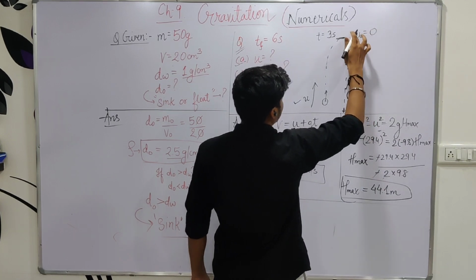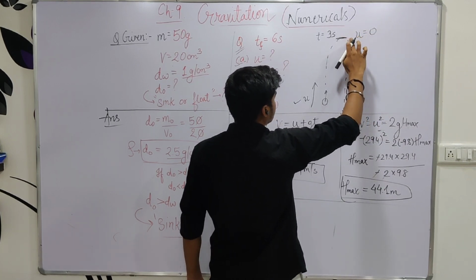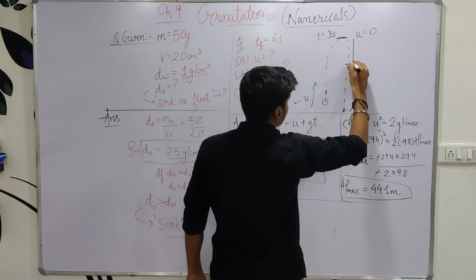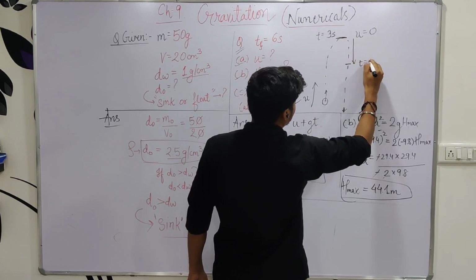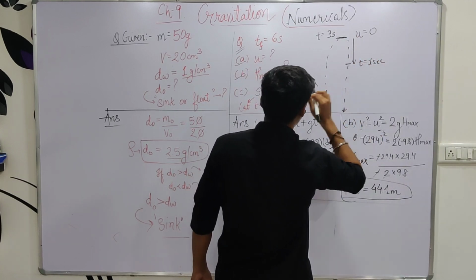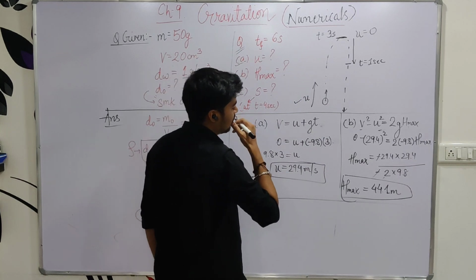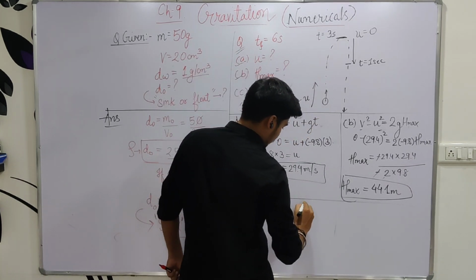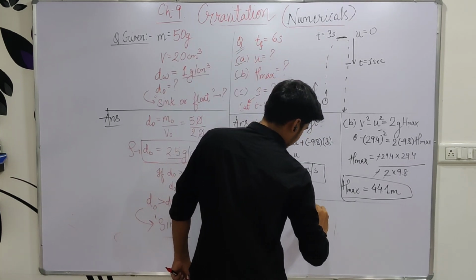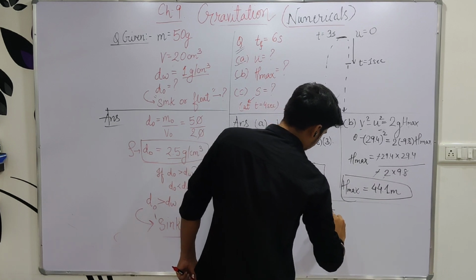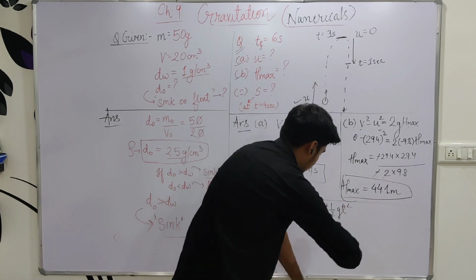If this is the situation when we start the observation, the initial velocity is 0 for this case from here to here, and the time when it reaches the particular position is 1 second, from the top. So again we can use s is equal to ut plus half gt square.